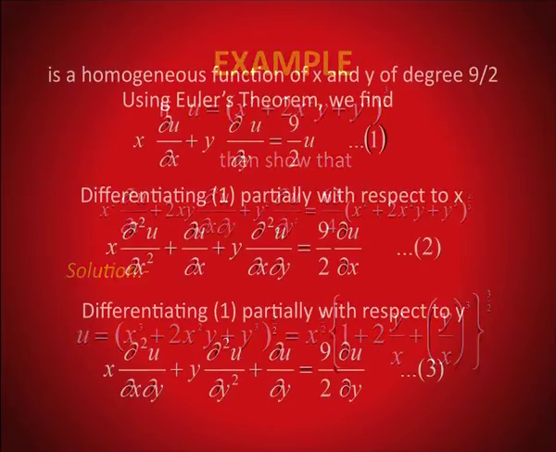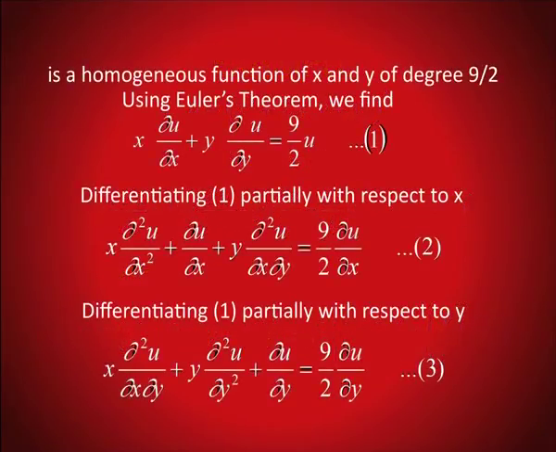That is a homogeneous function of degree 9/2 multiplied by a function of y/x. It is a homogeneous function of x and y of degree 9/2. Therefore, using Euler's theorem, we find x ∂u/∂x + y ∂u/∂y = (9/2)u. It is equation 1.